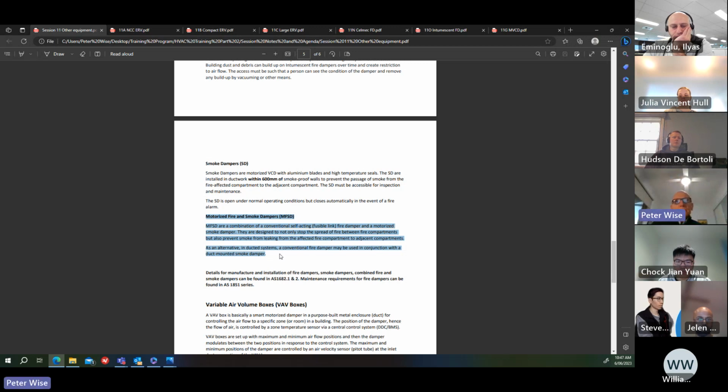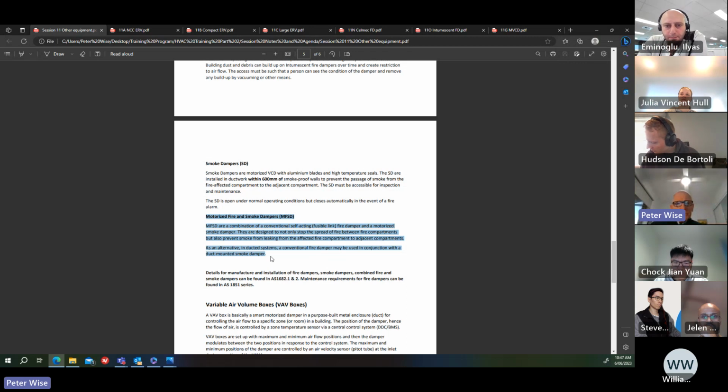I think now most of the main manufacturers have overcome that issue and can make these dampers that satisfy the leakage. So they're designed to not only stop the spread of fire between the fire compartments, but also prevent smoke from leaking from the fire-affected compartment to adjacent compartments.